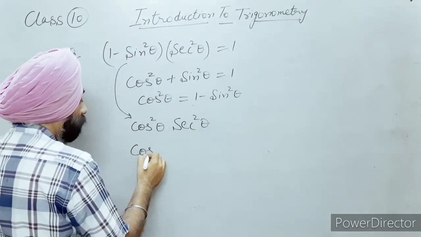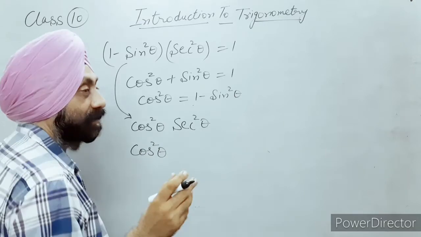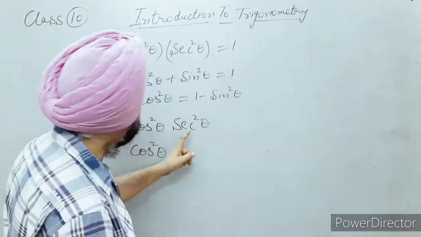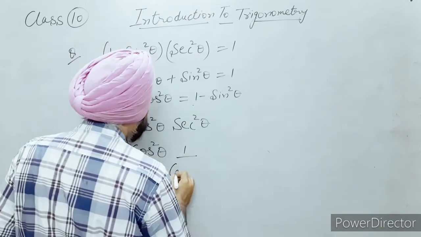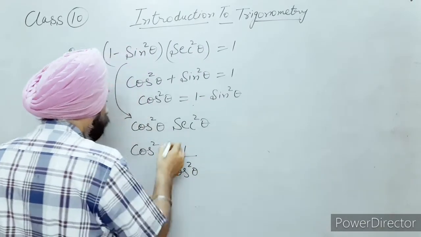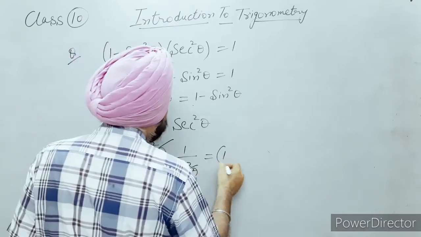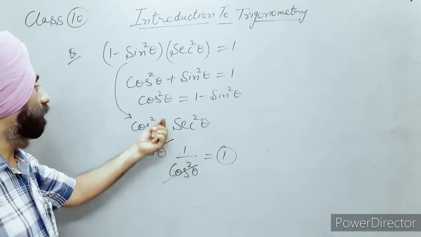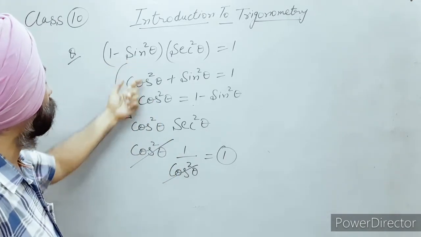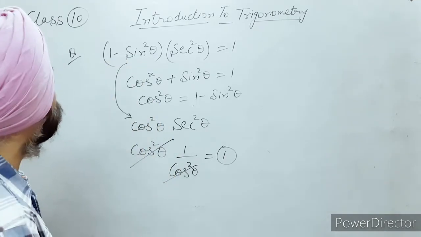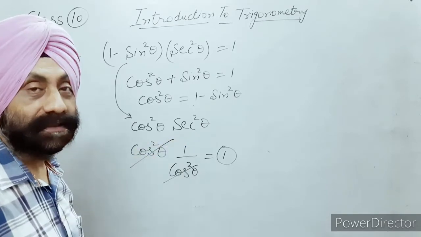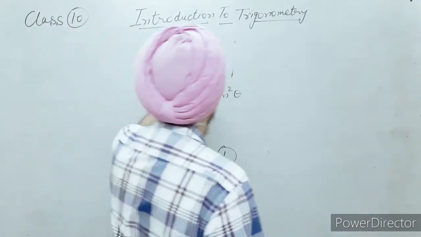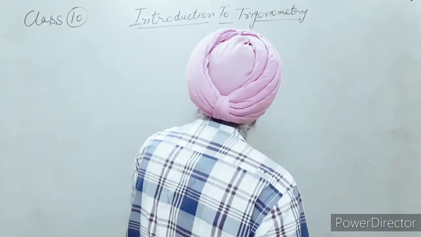Now secant theta is the reciprocal of cos theta, so I can write secant square theta as 1 upon cos square theta. This and this cancel. Answer is 1. So I have used only one identity: 1 minus sine square theta equals cos square theta. And cos square theta into secant square theta is 1, because secant theta is the reciprocal of cos theta, they cancel out. The answer is 1.